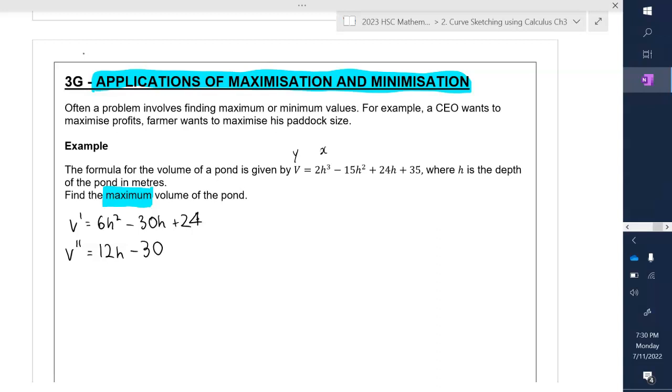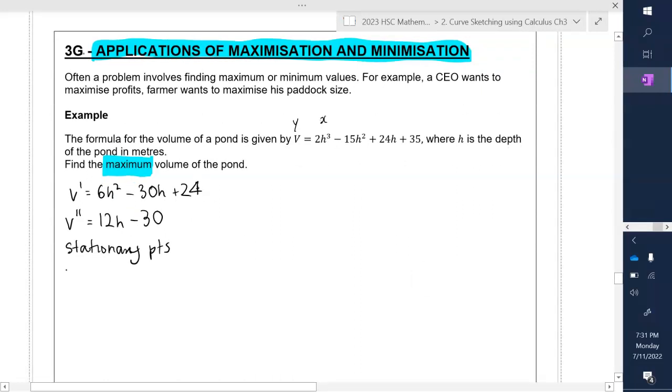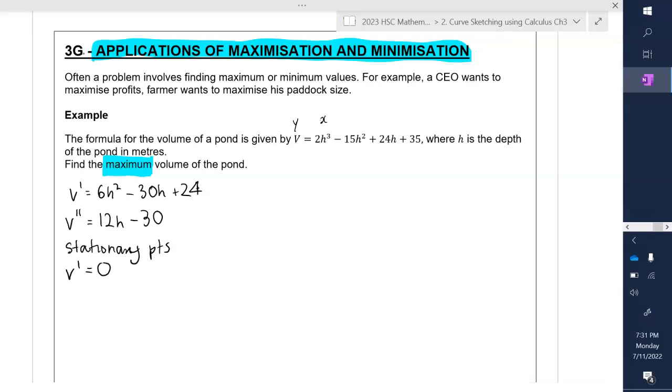Okay, so both of those is still a relationship between the volume and the height, which is the depth of the pond in meters. Now, just like we were doing before, we want to find the maximum volume, but in order to do that, we need to find the stationary points. Okay. So stationary points happen when our first derivative, V dash, is equal to 0. So let's set V dash equal to 0.